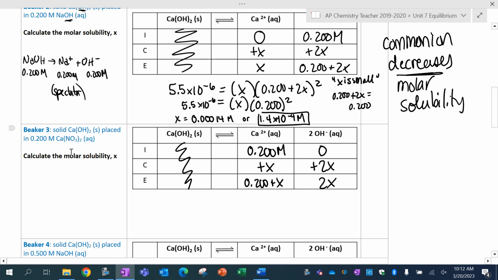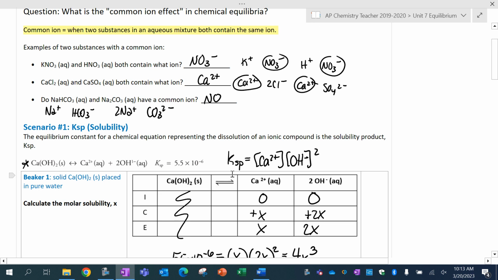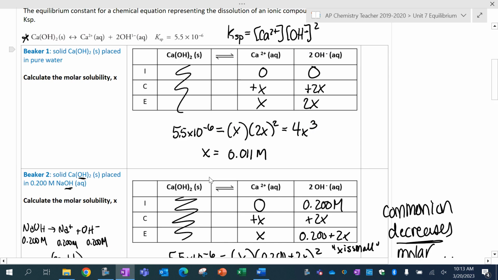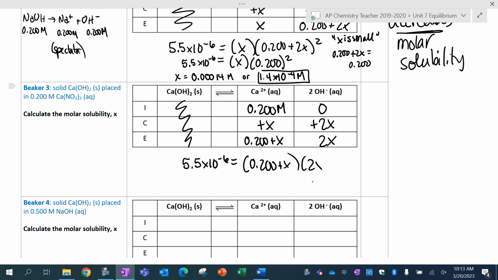Now I'm going to go back and plug it into my K expression, which is right here. I know the value of K, it's right there, and K is 5.5 times 10 to the negative 6. Calcium is 0.2 plus X, and then my hydroxide is 2X. Don't forget to square it.